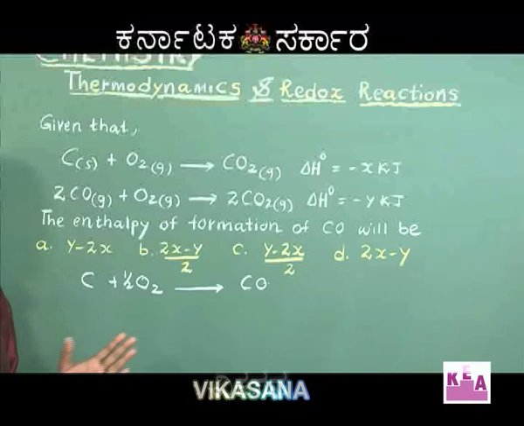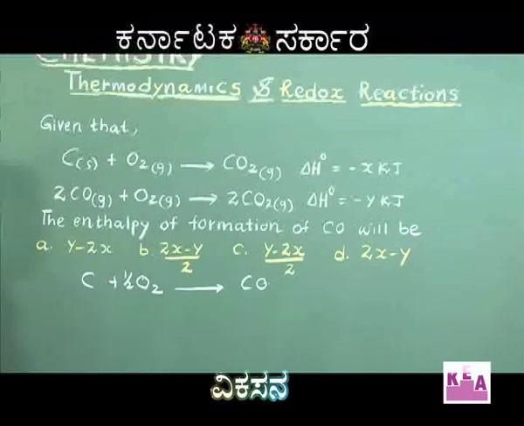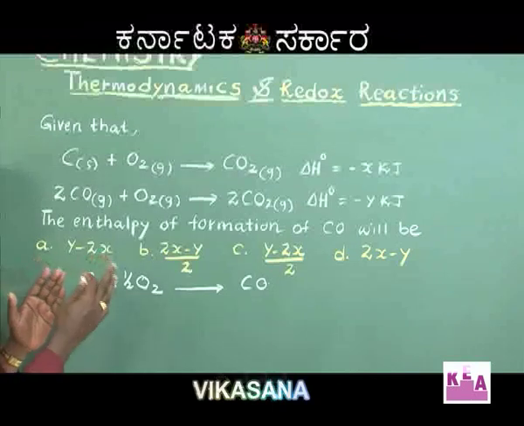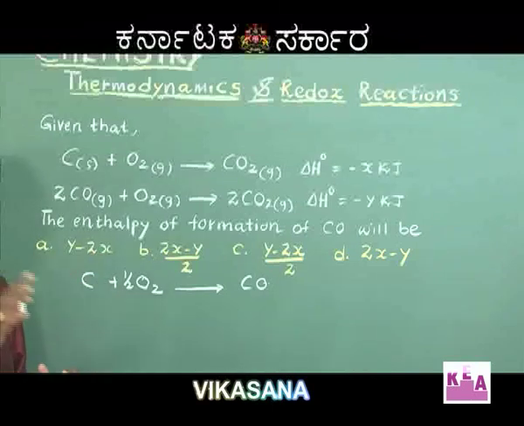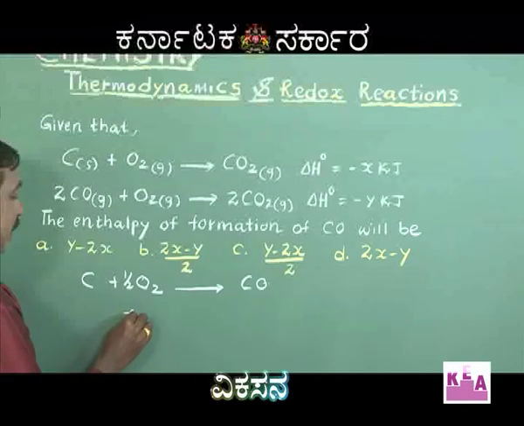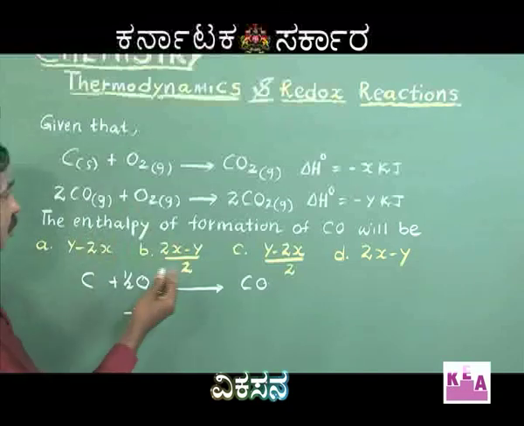Therefore, the solution for this numerical is: retain equation 1 as it is, reverse equation 2 and divide it by 2.